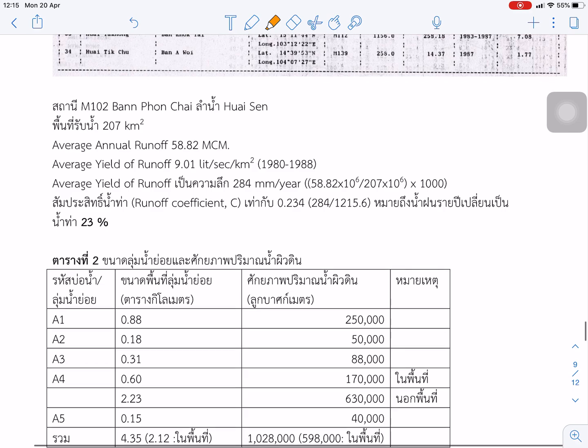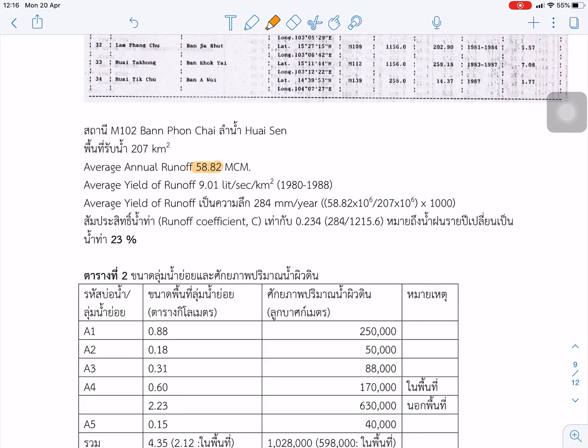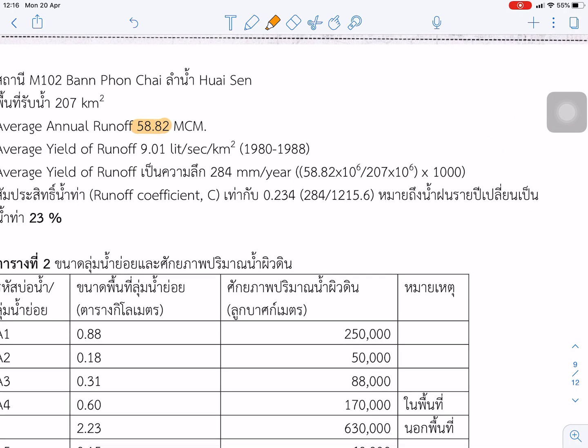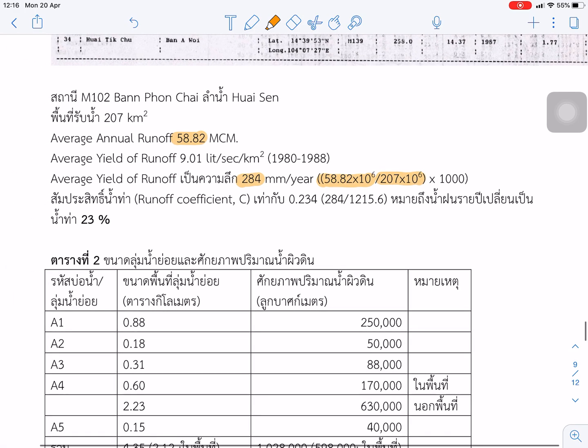So from the annual runoff of 58 million, we convert to cubic meter, divide by the area in square meter, and times 1000, so we get the annual runoff yield of about 254 millimeter per year.